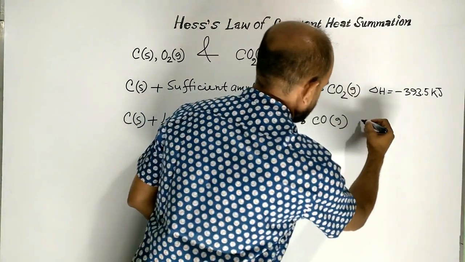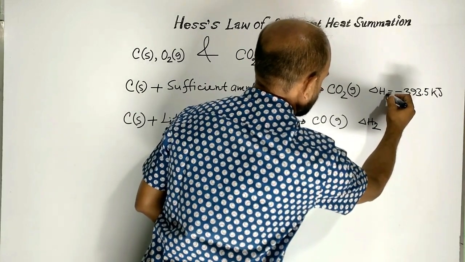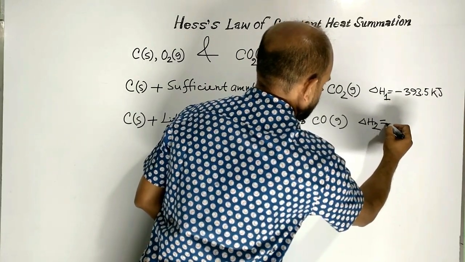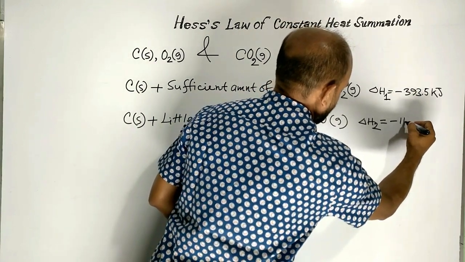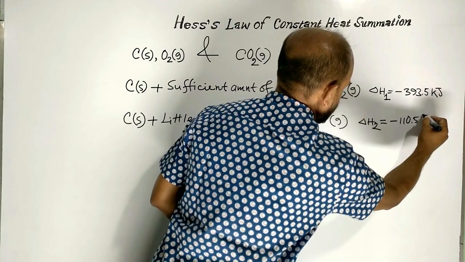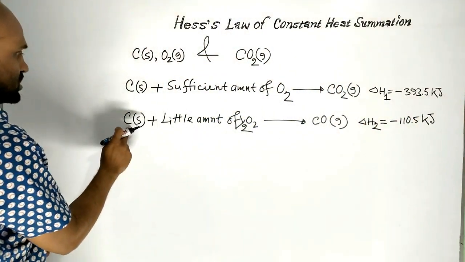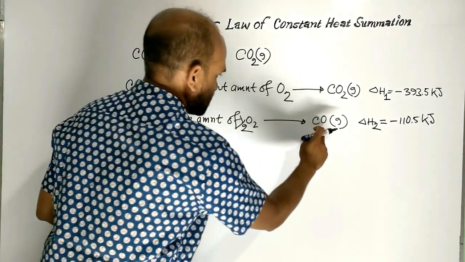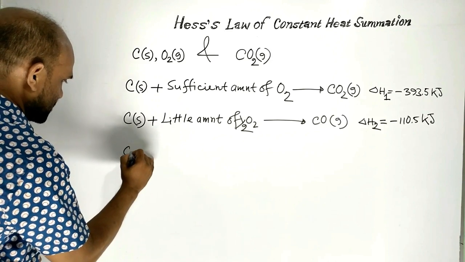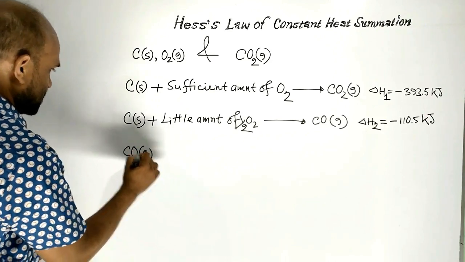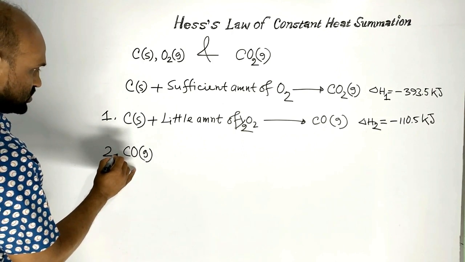In this case, suppose this is delta H1, delta H2 is minus 110.5 kilojoule. That is, here carbon is converted first to carbon monoxide gas. This is step number 1, this is step number 2.